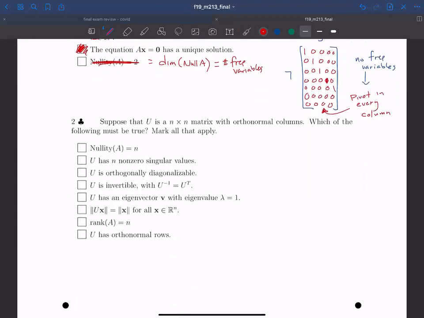All right, the next one is about an orthogonal matrix. It says, suppose that U is an n by n matrix with orthonormal columns. Which of the following must be true? Mark all that apply. Here we're talking about a square matrix with orthonormal columns. What do we call a square matrix with orthonormal columns?